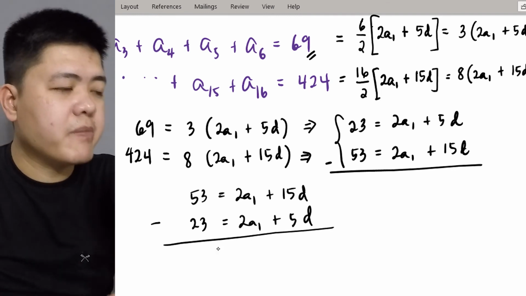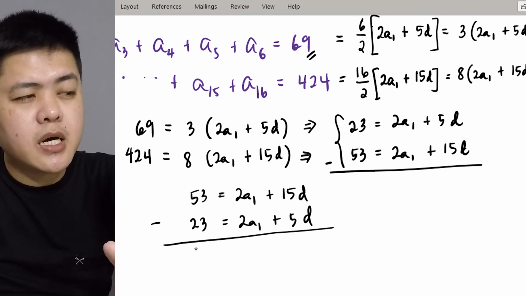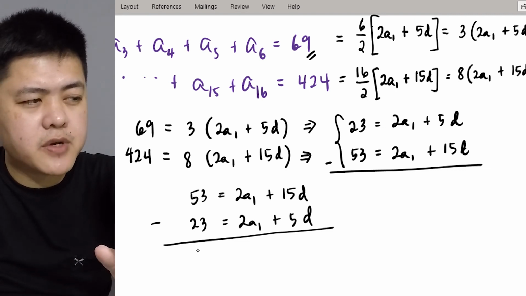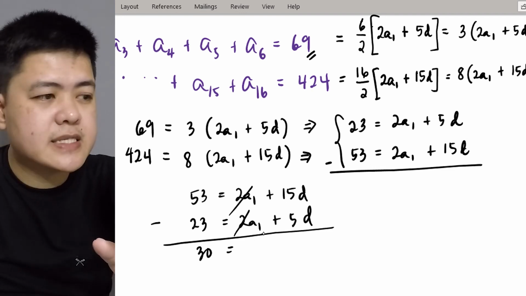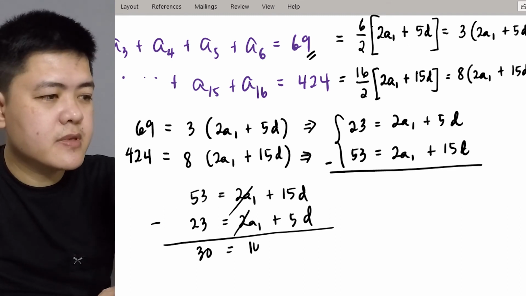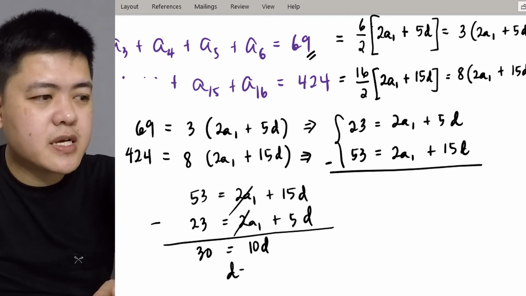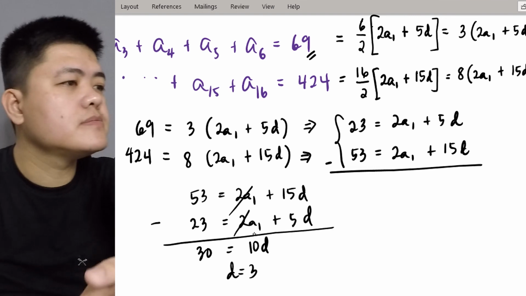So pag pinag-minus natin to, it will become 53 minus 23, that is 30. Tama? Am I correct? 30 equals, definitely makakancel yung 2a sub 1. And then we have 15d minus 5d, that's 10d. Therefore, d is equal to 3. So we have a common difference, 3.